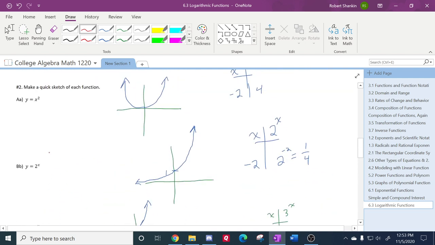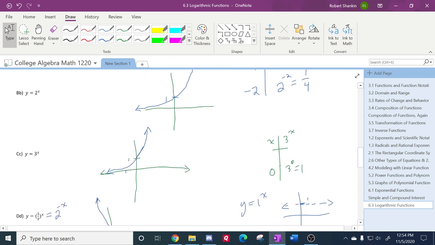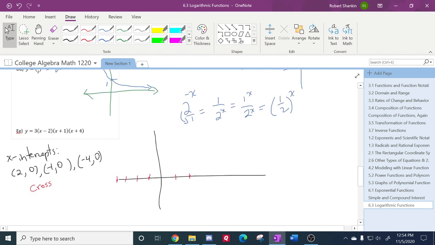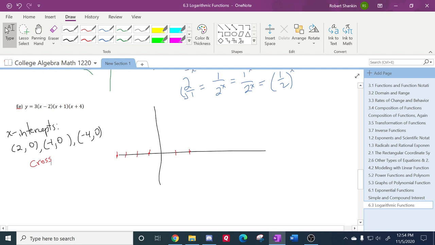Remember, y equals x squared touches the x-axis. When it's an even power, you get touching. When it's odd powers, these are all to the first power, we're going to cross. The end behavior, well, if you pretended you FOILed all this out, just enough to get the first term, it would be 3x cubed.